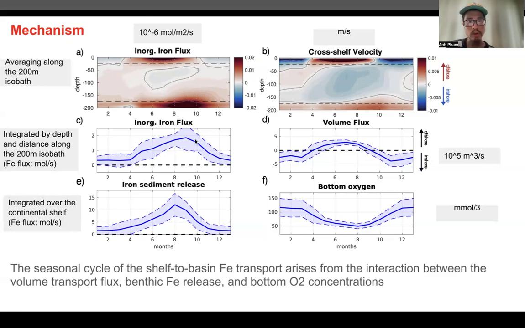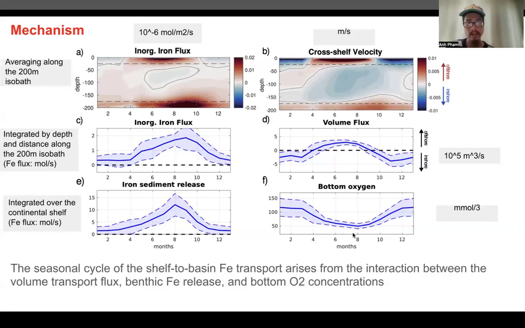But the cross-shore iron flux is not only a function of the cross-shore volume flux, but also a function of the integration of iron being released from benthic sediments over the continental shelf as a function of months, and ultimately the bottom oxygen concentration as a function of months.